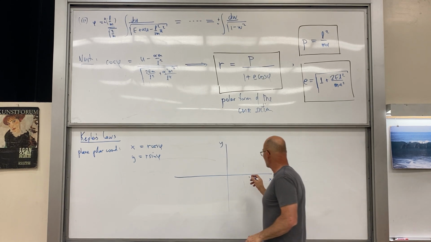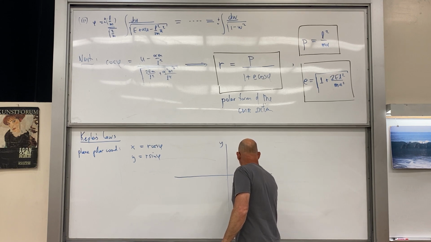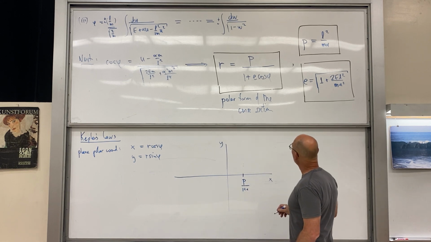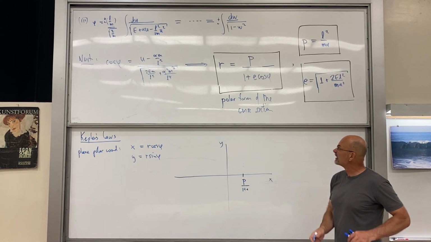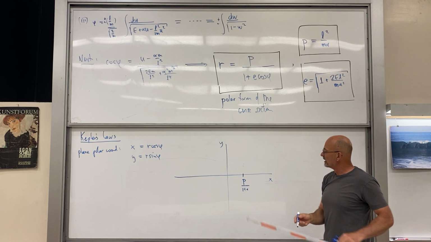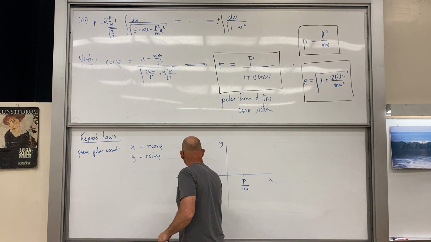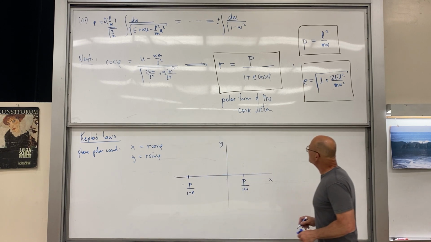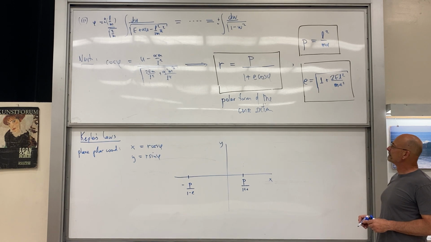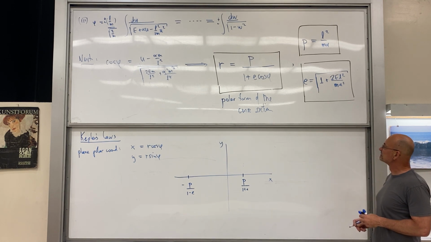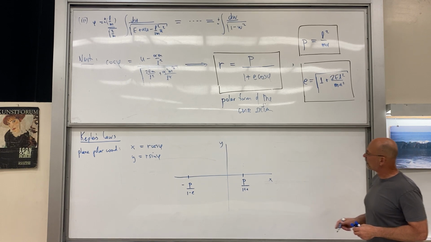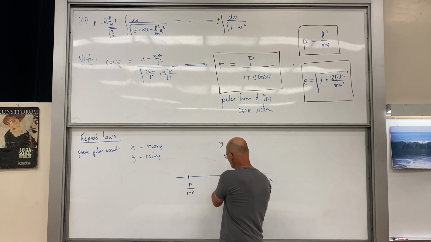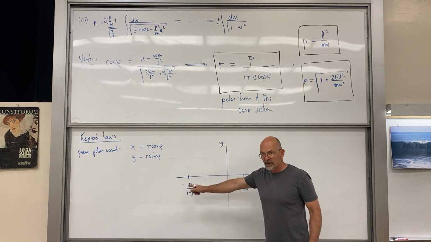So what we have here is p over 1 plus e. And then when phi is equal to pi, cosine of pi is -1. So over here, we'll exaggerate this a bit, we have minus p divided by 1 minus e, because we're over on the left side there. So r is equal to p over 1 minus e, and we're on that left axis, so we put the minus sign in front.